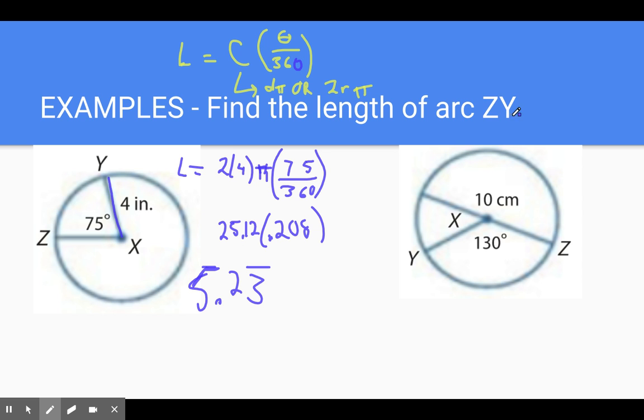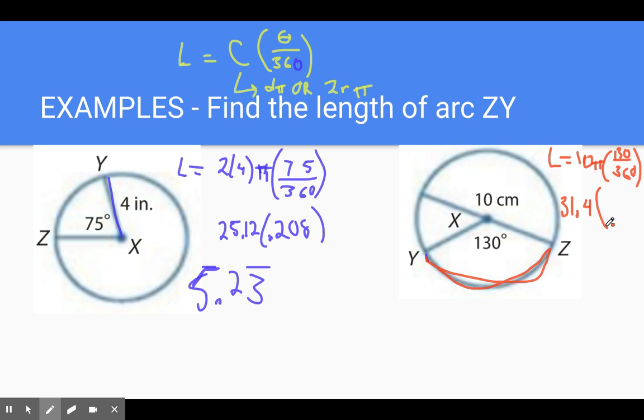Okay, now find the length of arc ZY here. Once again, if I use a different color, arc ZY is this. Length is equal to the circumference. Now we're given the diameter, so the circumference is 10 times pi, times theta. This time the angle is 130 degrees divided by 360. So then we do 10 times pi, which is 3.14 times 10, and gives you 31.4.